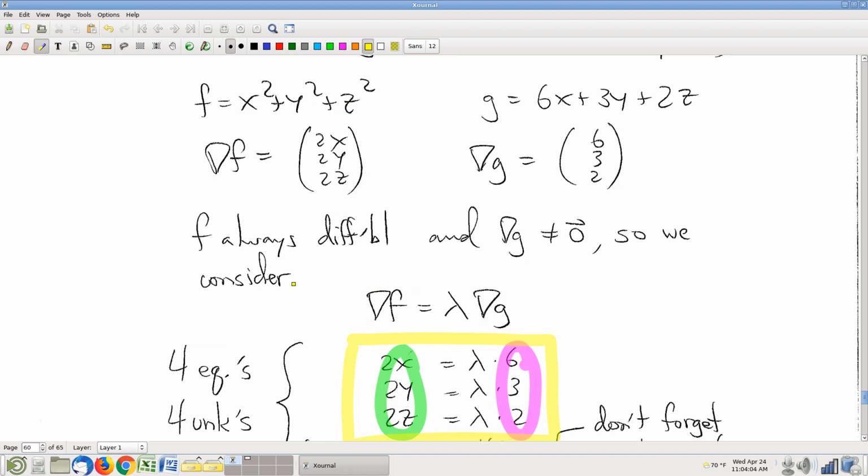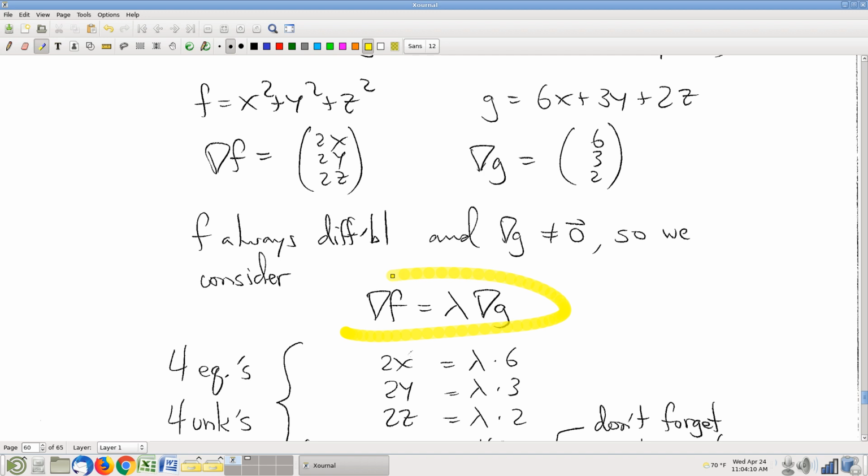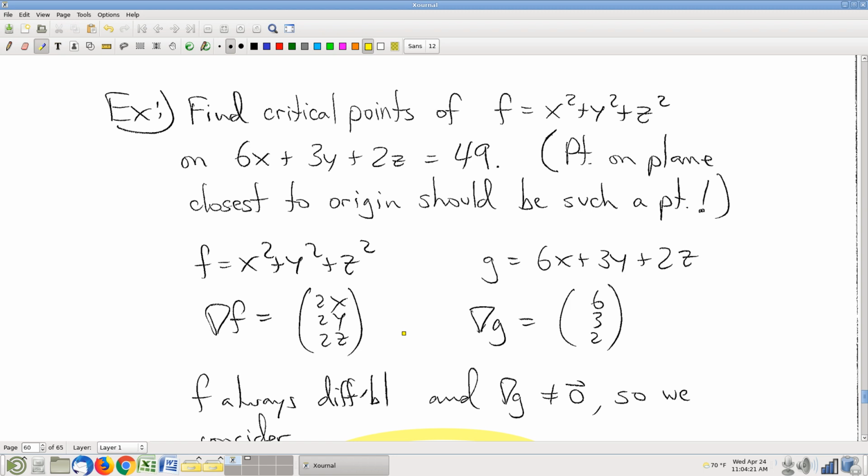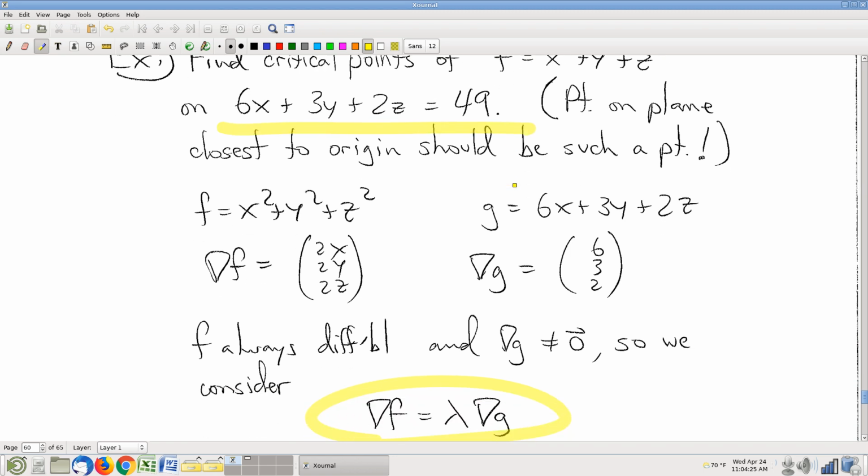Okay. Now, another point to keep in mind. Why do we write down this algebra in the first place? We write down this algebra because this is a tip-off that we need to look. This is part of our process of eliminating points on our constraint set. I only need to eliminate points that are on our constraint set.